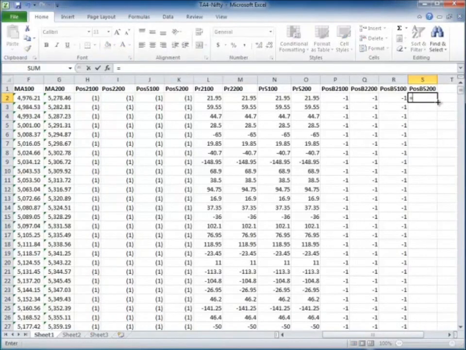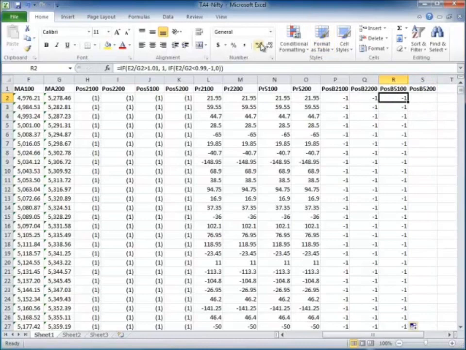And finally, we'll do it for this one. Sorry, I think I made a mistake here. That should be F, not G. Yep, because it was the 100-day.